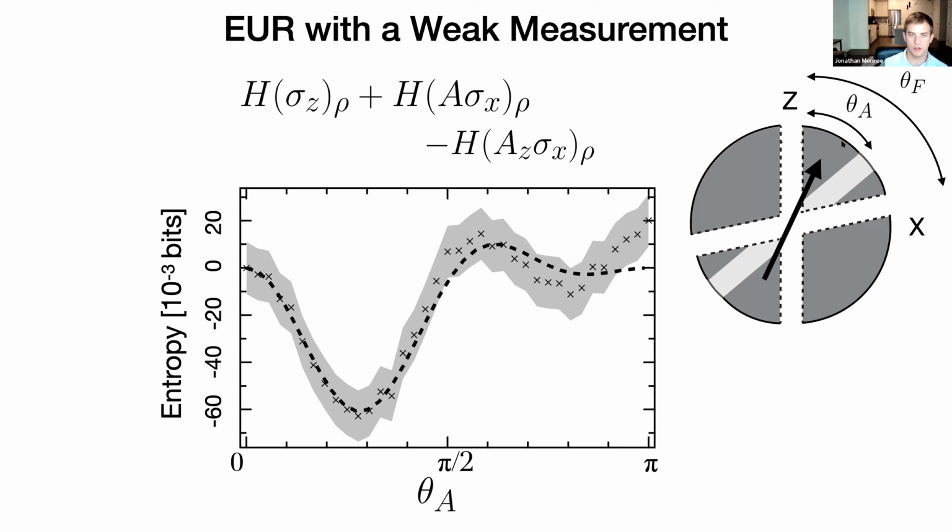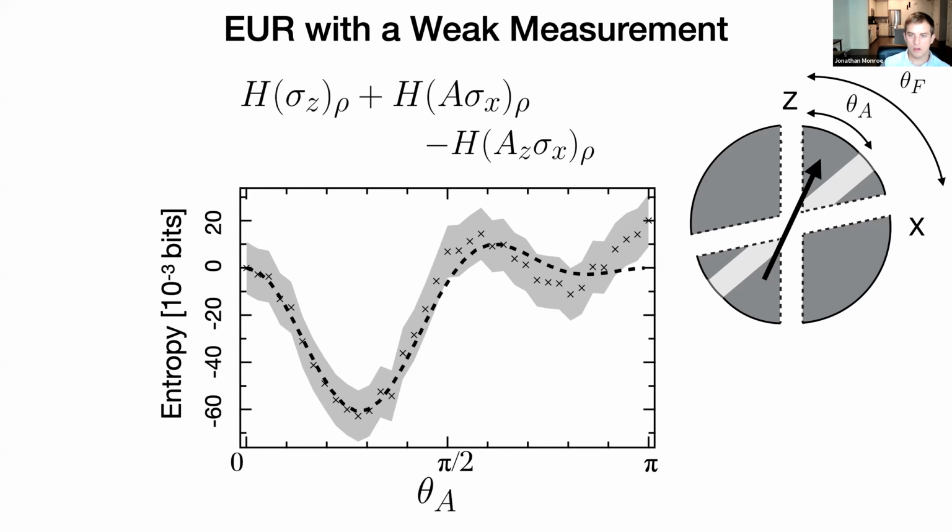But then there are also processes of decoherence, both unintentional, also just based on the measurement, that shrink the state and move it closer to the x eigenstate. And this process turns out to be optimal when theta A is pi over 4. A little bit surprising.